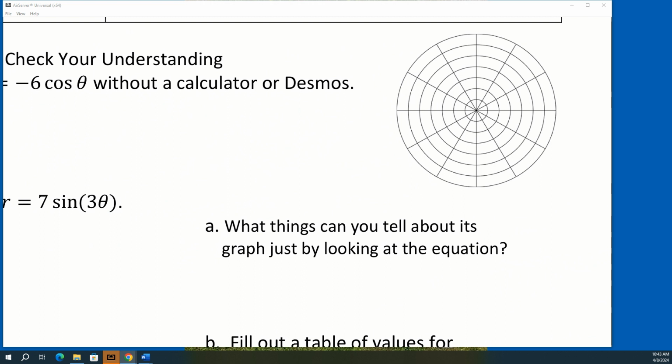What's the diameter of our circle going to be? 6. And is this circle going to be left, right, up, down? It's going to be left.